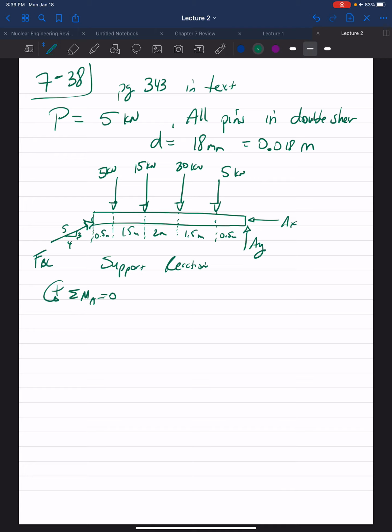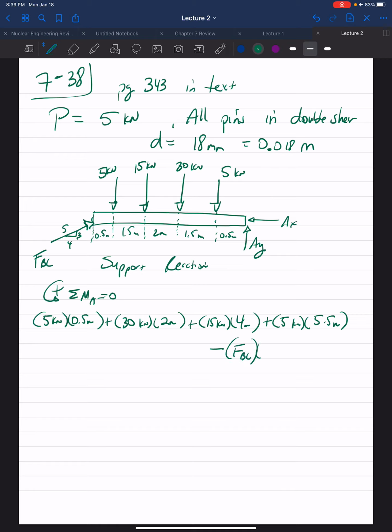So about point A, we have the 5 kilonewtons times the perpendicular distance of 0.5 meters, plus the 30 kilonewton times the perpendicular distance of 2 meters, plus the 15 kilonewton force times the perpendicular distance of 4 meters, plus the 5 kilonewton force times the perpendicular distance of 5.5 meters, minus the FBC.